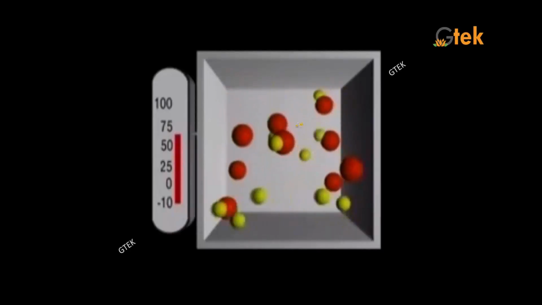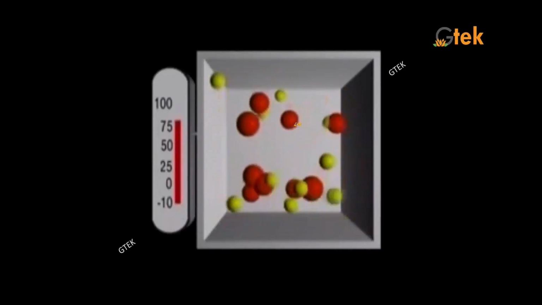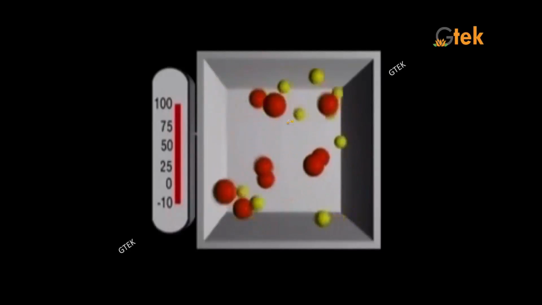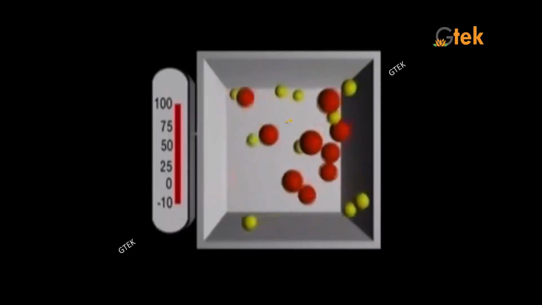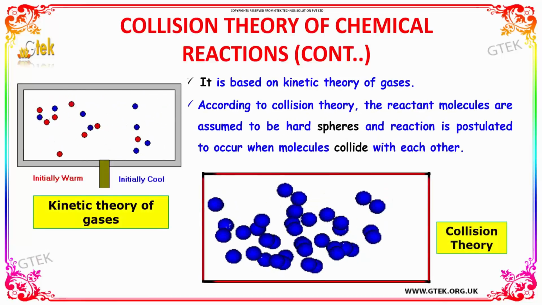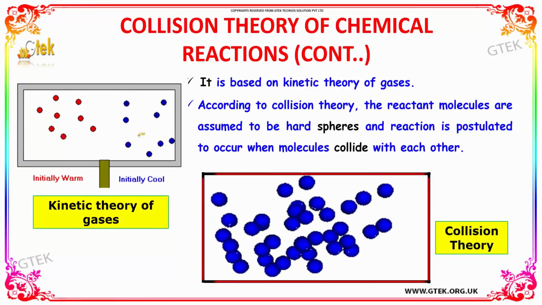You're able to see the movement of particles is really faster. The number of atoms for helium started out high, became reduced gradually, and the speed is increasing. Over here the same thing is happening, but neon had more atoms when compared to helium and became 0 at a particular point. It's based on the kinetic theory of gases.